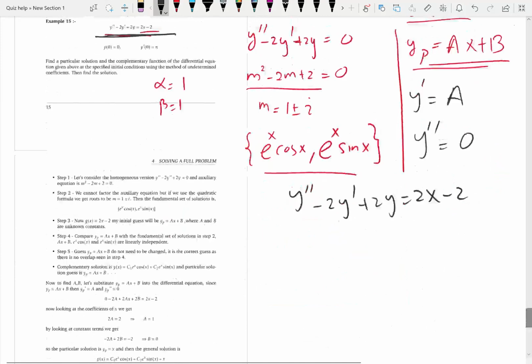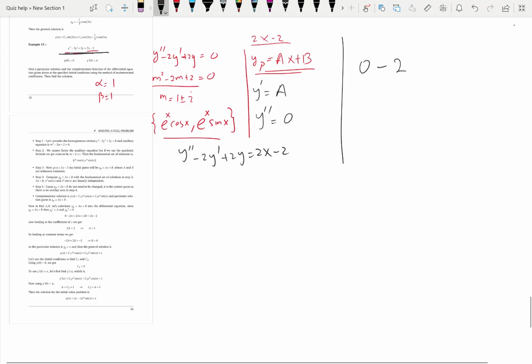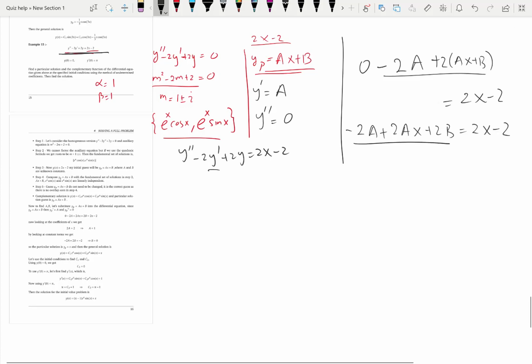So y double prime is 0, minus 2 times y prime, which is a, plus 2 times y, which is ax plus b, is equal to 2x minus 2. If you simplify the left hand side, minus 2a plus 2ax plus 2b is equal to 2x minus 2. Let's group the similar terms together. So x terms 2ax, constant terms minus 2a plus 2b, is equal to 2x minus 2.